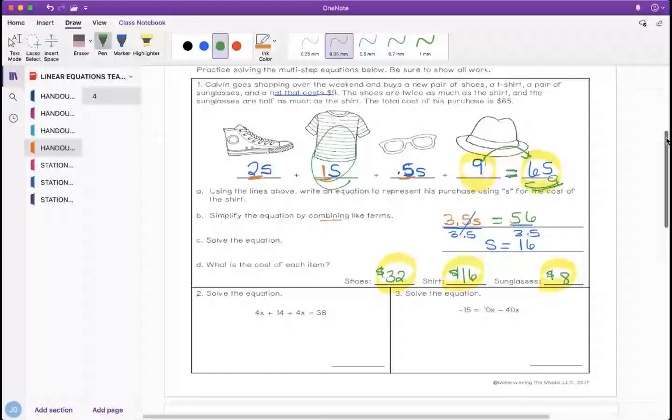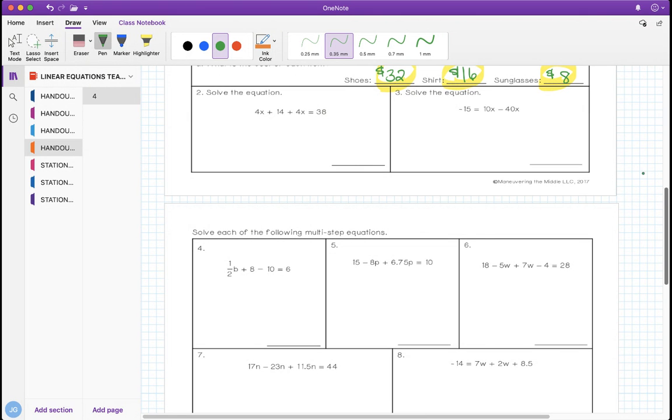All right, let's look down here at 2. Now, number 2, I'm going to go ahead and combine my like terms. I have 4x plus 4x equals 8x. I'm going to bring down my plus 14 and bring down my 38. All right, I have a constant of 14. The constant needs to go first.